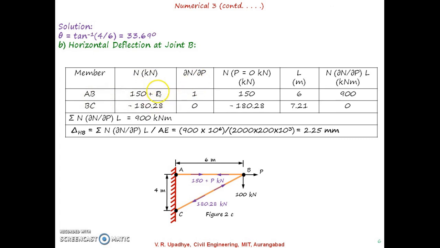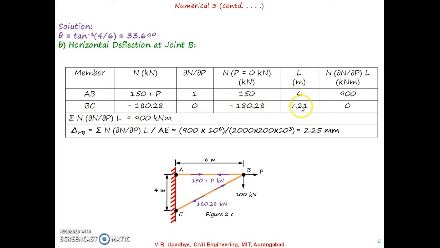So del n by del P gives us the magnitude as 1, and for the member force in member BC, that is 180.28, the P term is not there in this calculation, so del n by del P becomes 0. As there is no horizontal force as such, P is equal to 0. If we put P equal to 0, the internal member force is 150 in member AB, and in BC it is 180.28 compression.